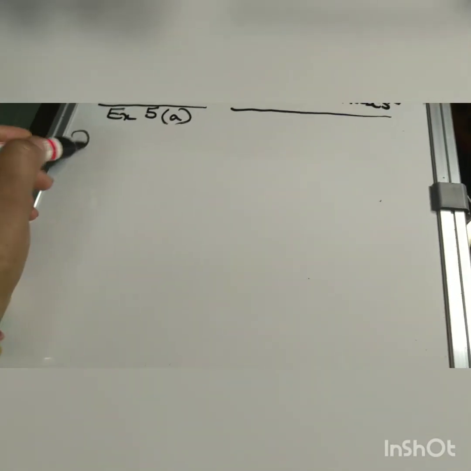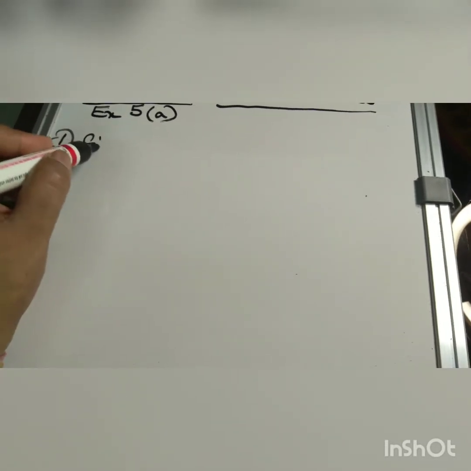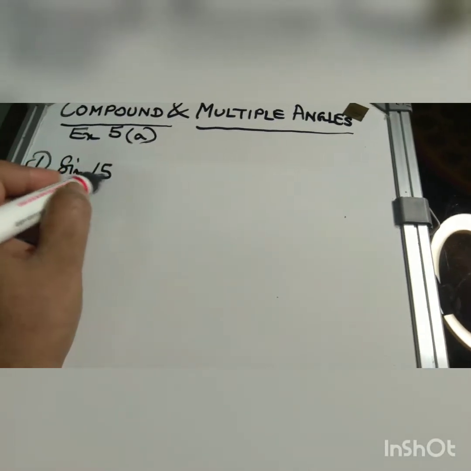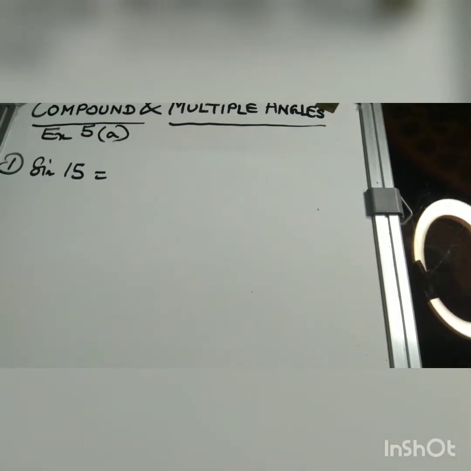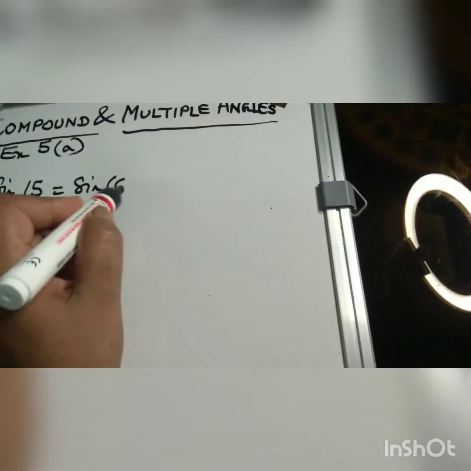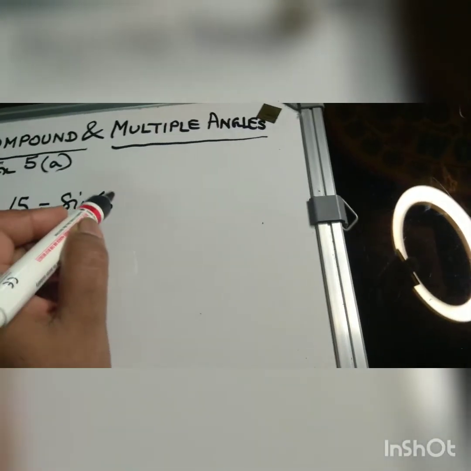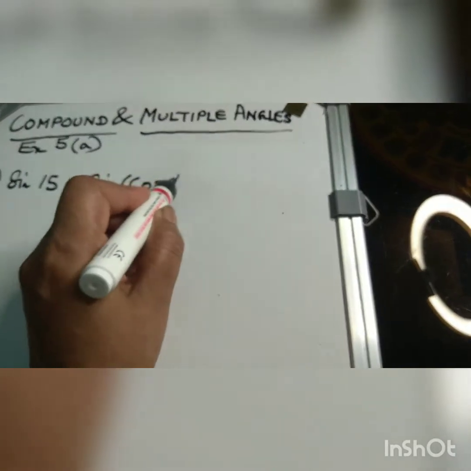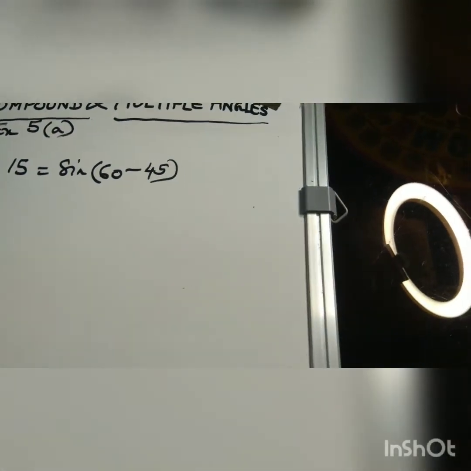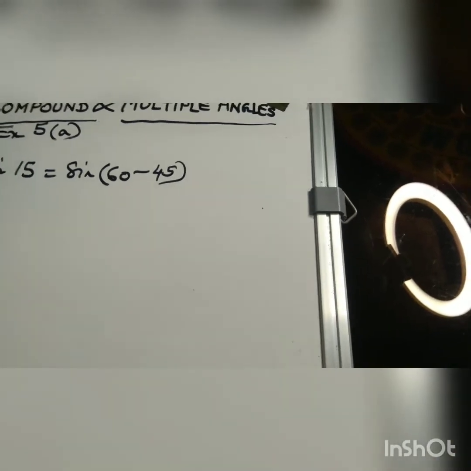Calculate sine of 15 using 60 and 45. So obviously you can write sine of 60 minus 45 as sine 15, and now we will try to use the formula sine of a minus b.